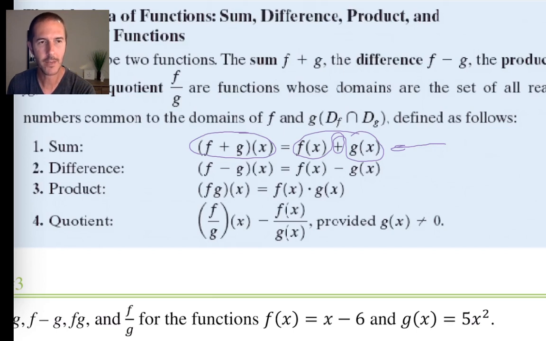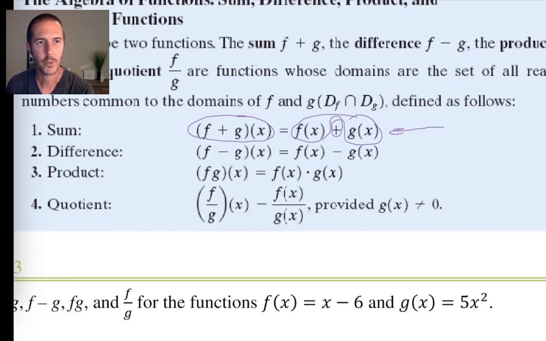So the left-hand side of that statement, again, I would read it as f plus g of x, whereas the right-hand side, as you probably would naturally read it, is f of x plus g of x. Just realize that those two are equivalent.